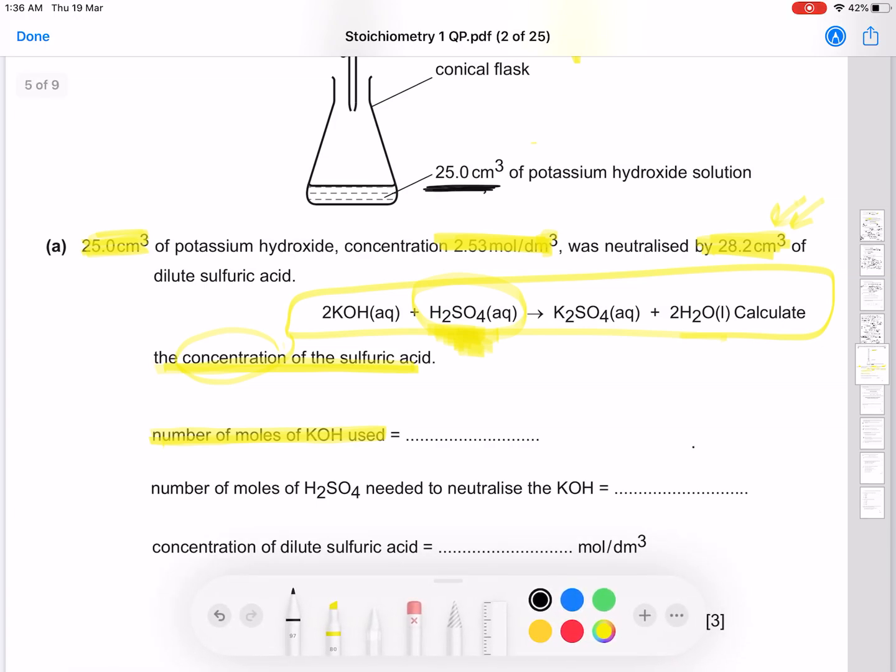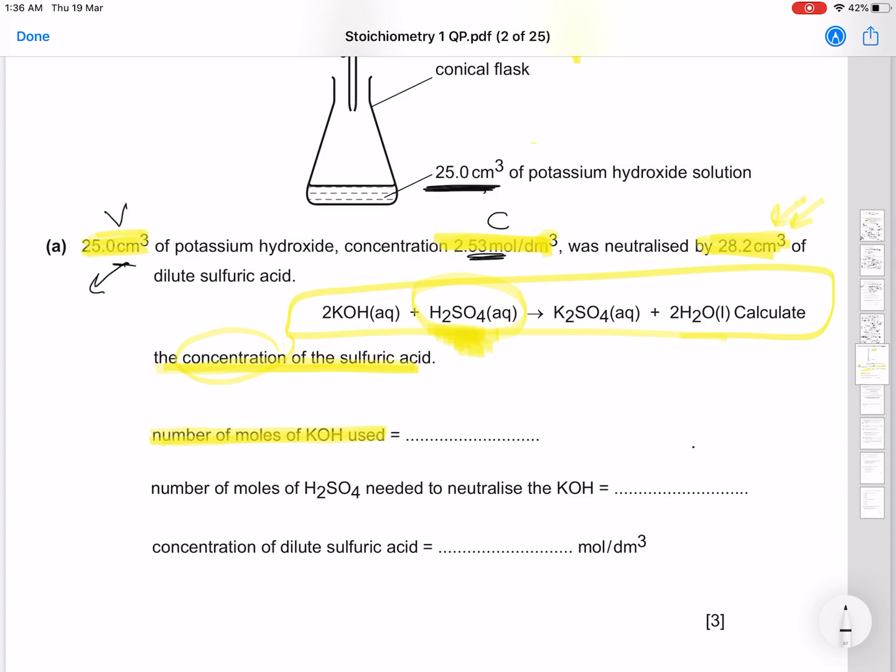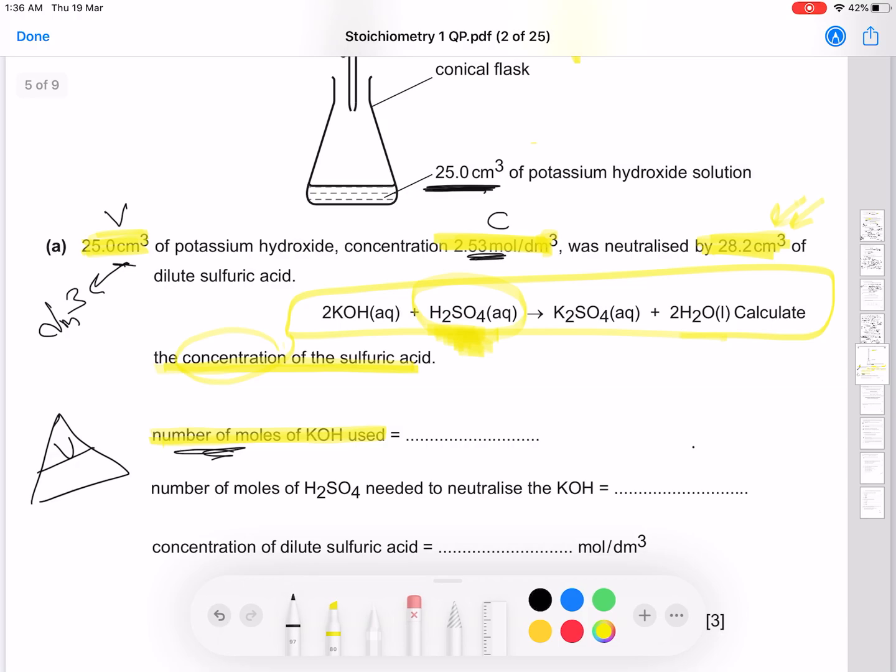Now let's find the number of moles of KOH. I have the concentration, I have the volume, I just need to convert it to decimeter cube, and then I can easily find the number of moles. Number of moles is the concentration times the volume.